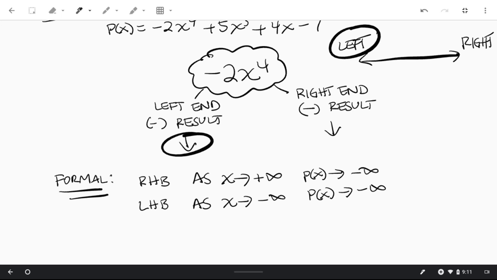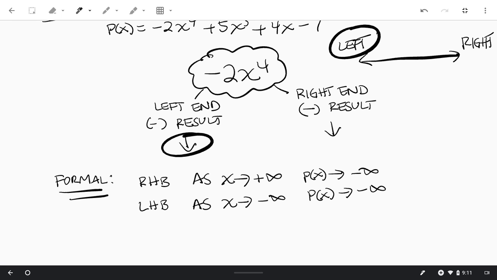That's how you write it formally. As x goes towards positive infinity, that's to the right, then your polynomial starts to fall, goes towards negative infinity. And we found that out over here.